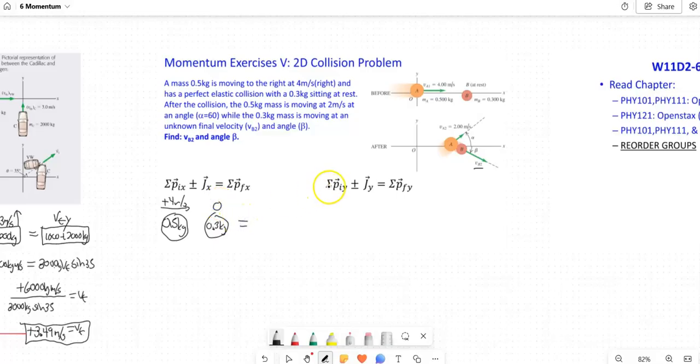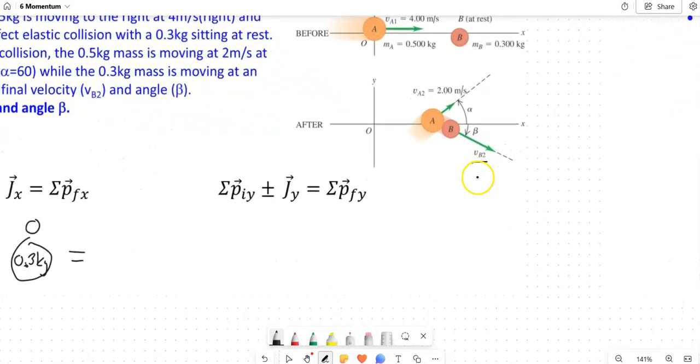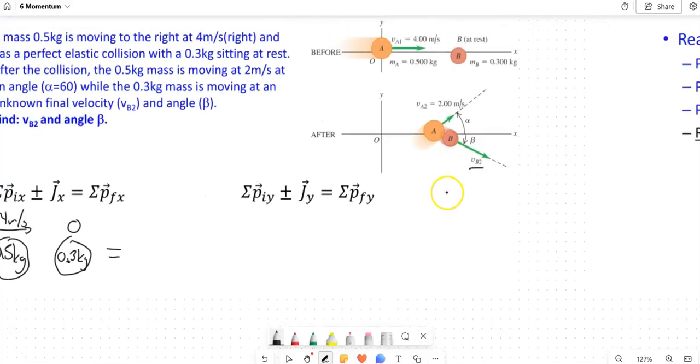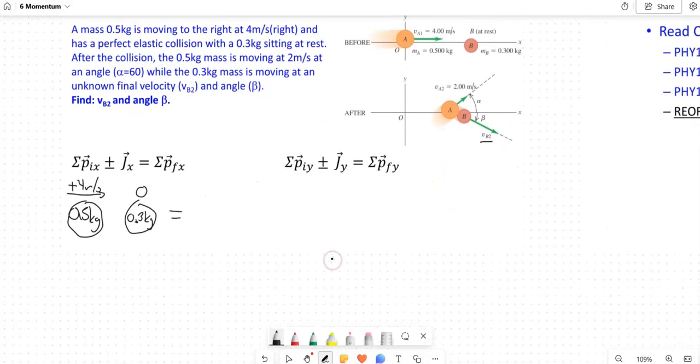After the collision, ball A, which is 0.5 kilograms, is moving upwards at 2 meters per second, with some velocity in the X direction.